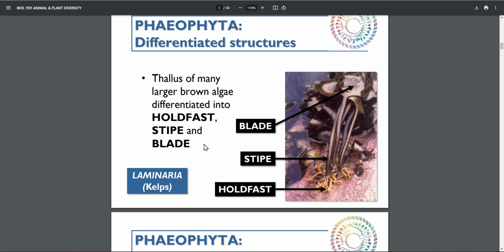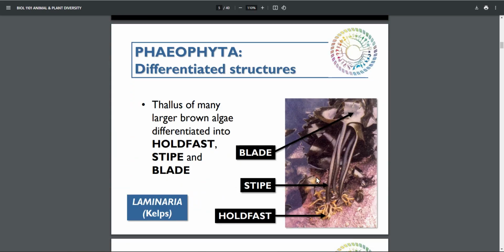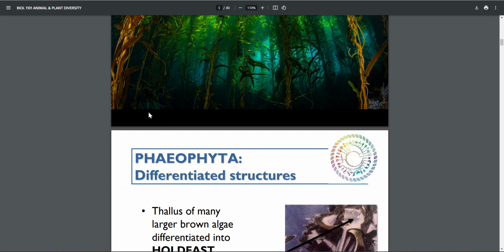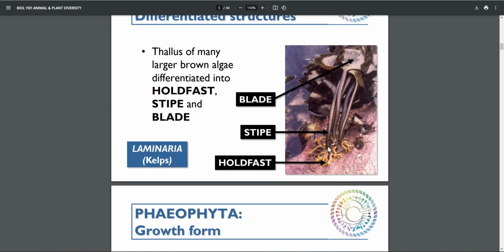And these are the different structures of the thallus: the blade, the big part, these blades; the stipe, which is kind of like the stem; and the holdfast, which is like the root, the anchor point of the algae. But one difference between the roots of plants and the holdfast of algae is that the holdfast does not have any adaptation for absorption of minerals or water, unlike roots.